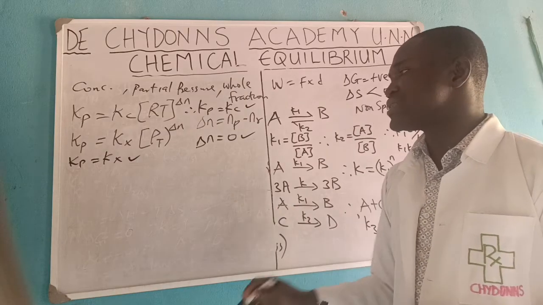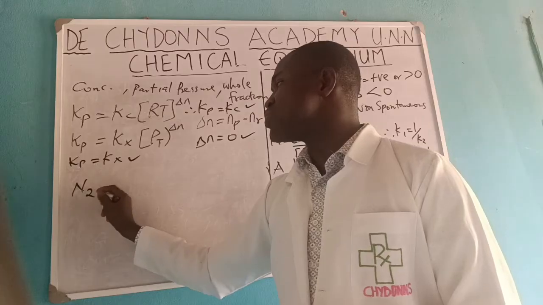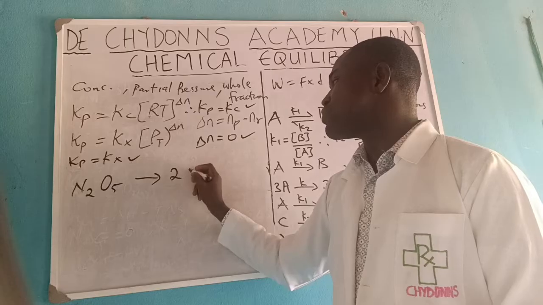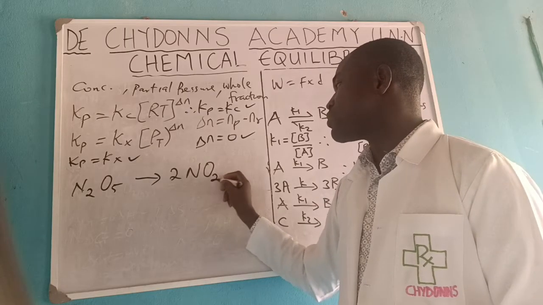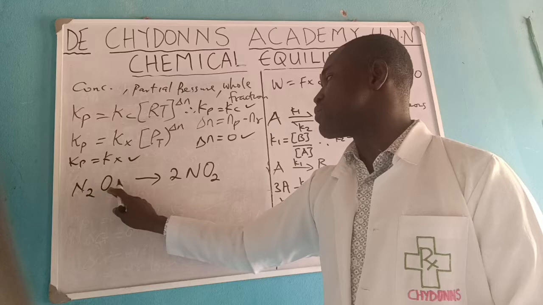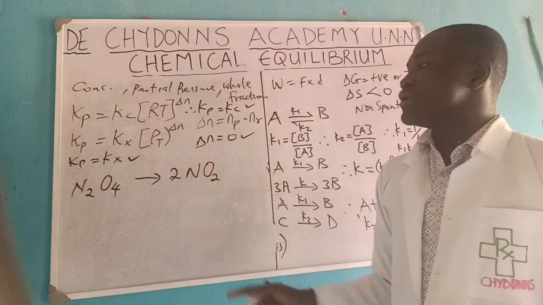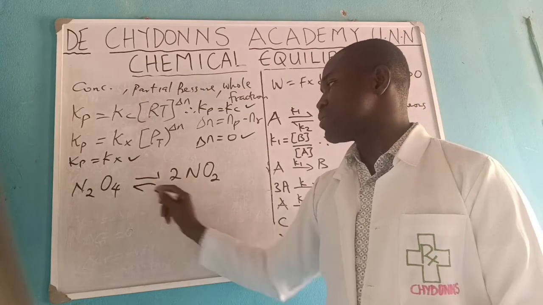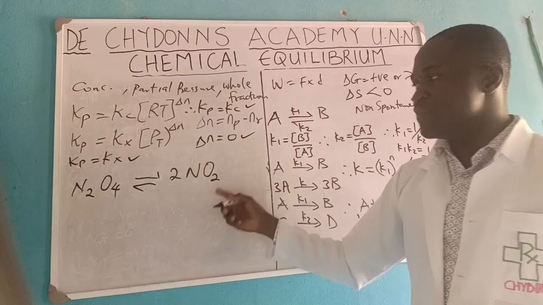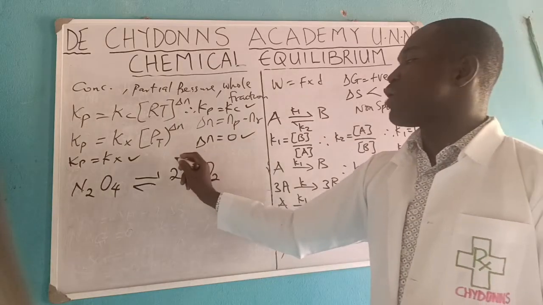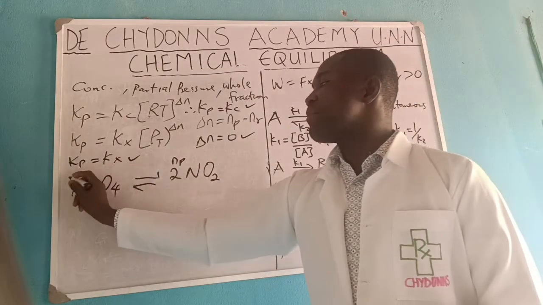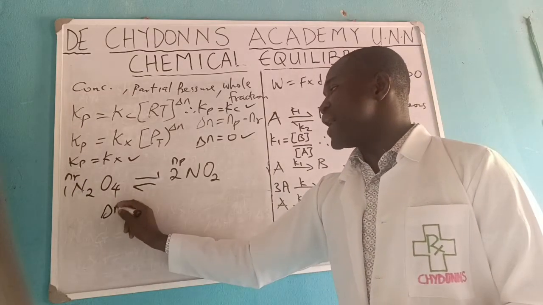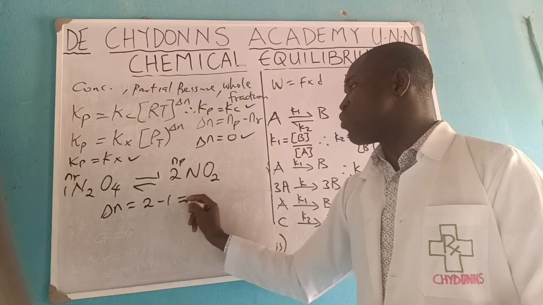Take for instance, when you have this reaction to give you this, if this is a reaction given to you, this is the number of moles of products, while this is the number of what? Reactants. So change in n will be equal to what? 2 minus 1, equal to 1.